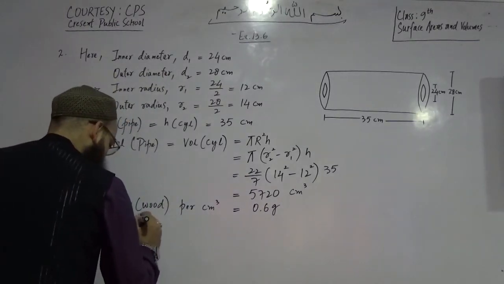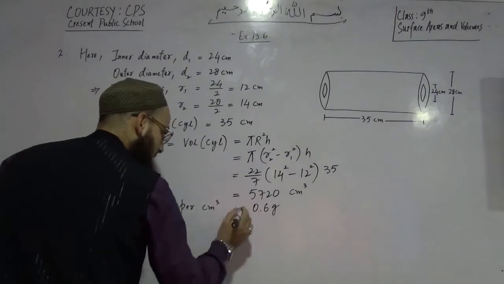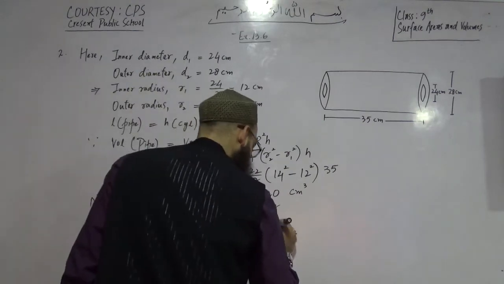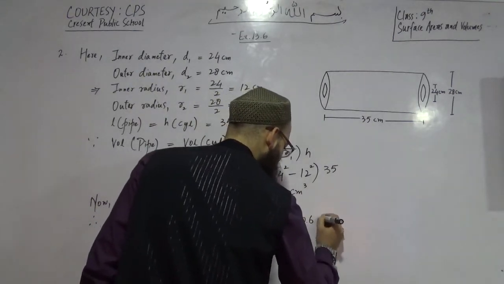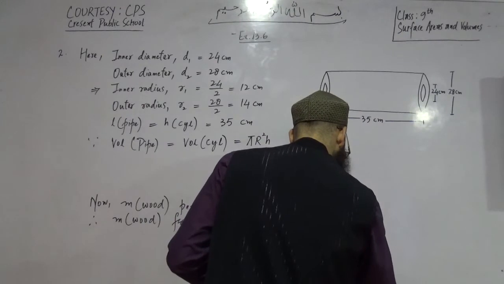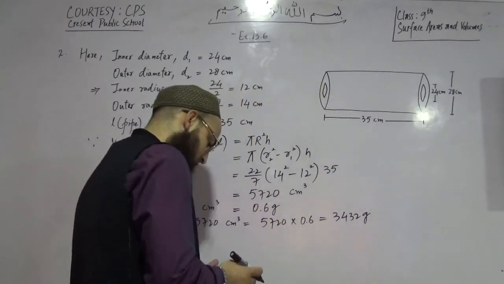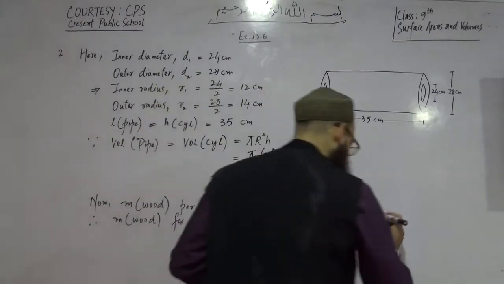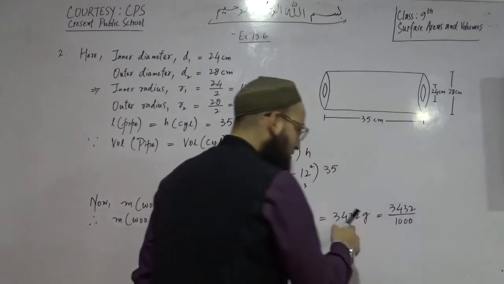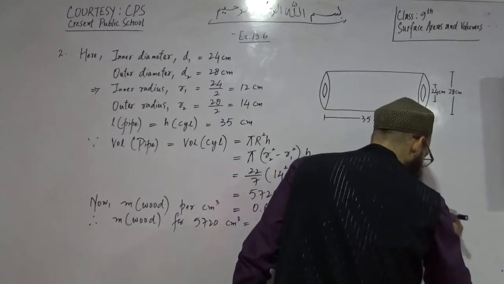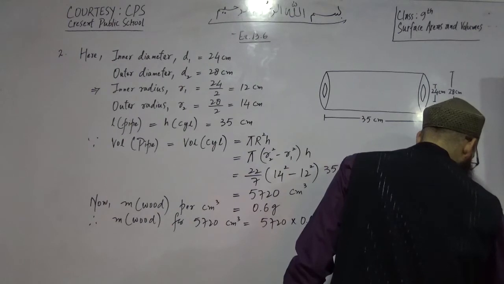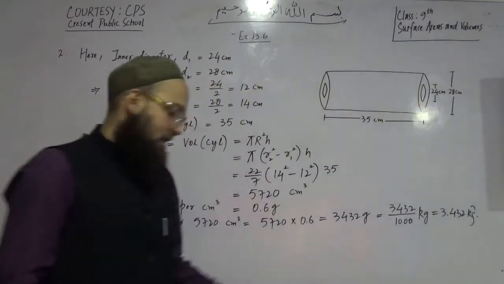Therefore, mass of wood for 5720 cubic centimeters is 5720 times 0.6, that will give you 3432 grams, or you can go in kgs. 3432 divided by 1000. On dividing by 1000 you are in kgs now, and that will give you 3.432 kg, and that's your answer.